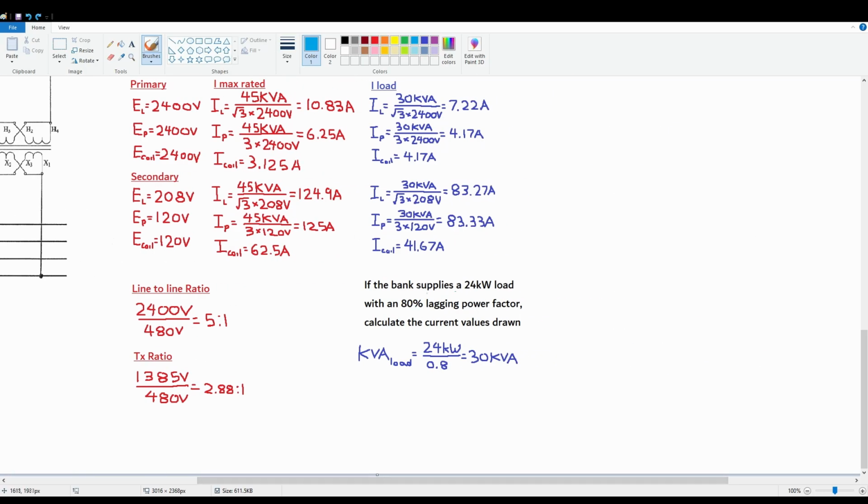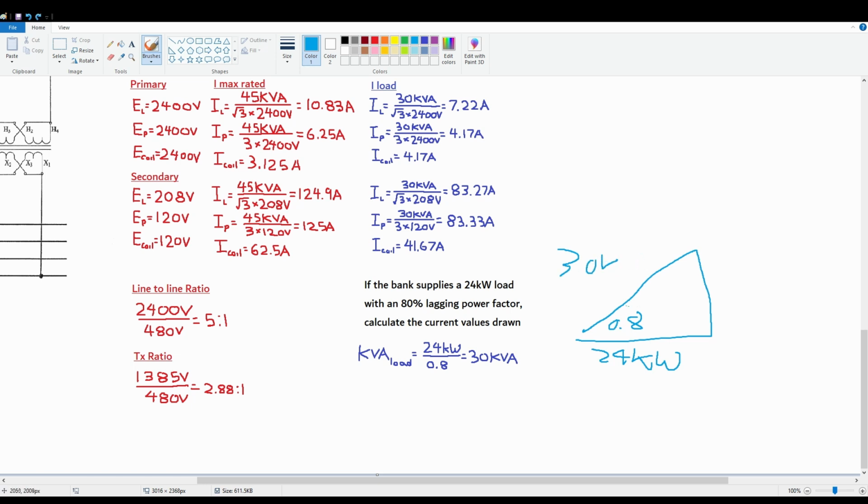So first of all, we have to find the kVA. We'd do the triangle, 80% power factor, it's a 24 kilowatt load. What we can do is pretty easy. We just find kVA by dividing 24 kilowatts by the power factor, and then we get 30 kVA here.